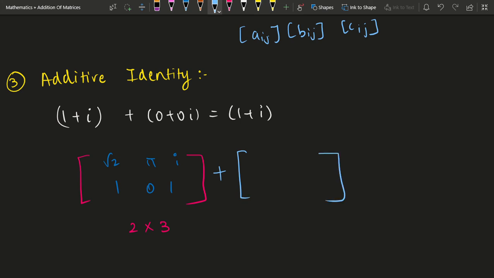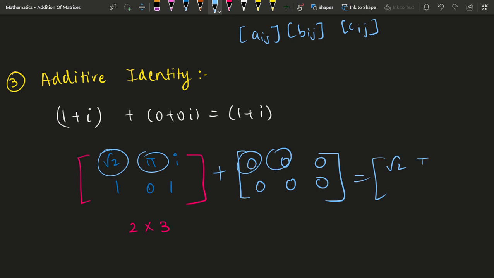and you add the zero matrix. The zero matrix, as I talked about in the previous videos, is just having all its elements to be 0. If you add that, then you just see root 2 plus 0 gives you root 2. Pi plus 0 gives you pi. And since all the entries in the second matrix are 0, you just get the same matrix back again.